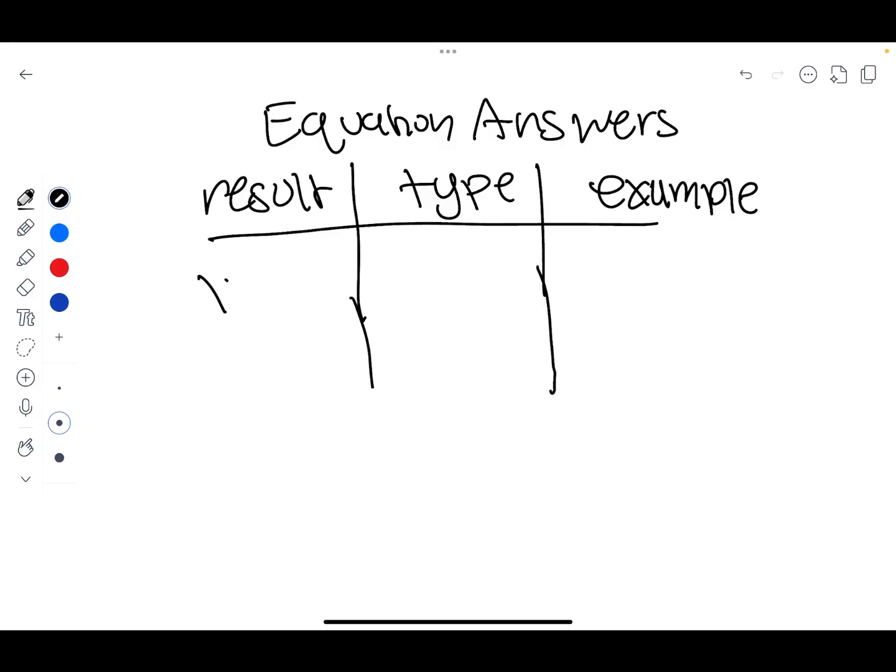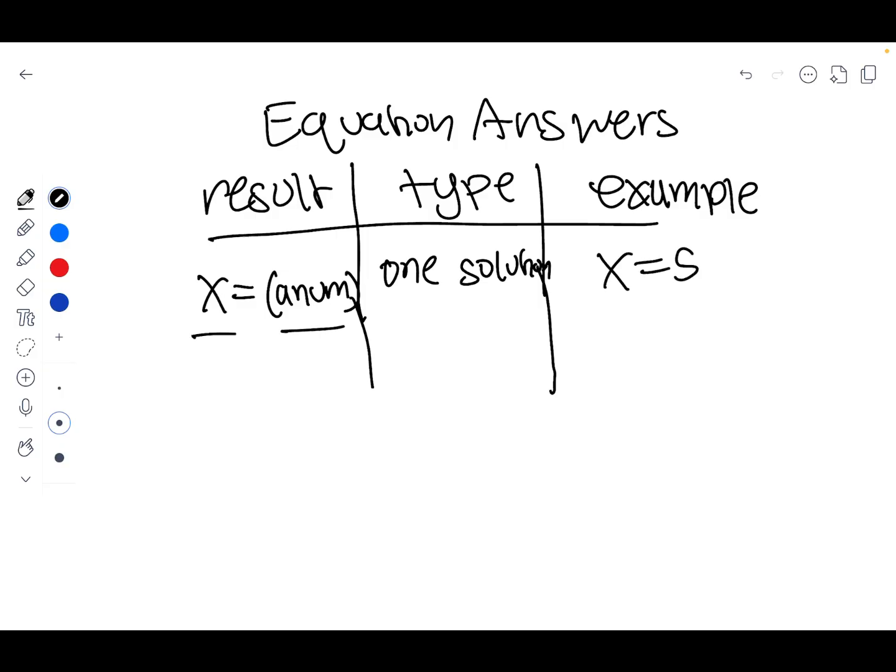Let's say you had x equals a number, like x equals 5 or x equals 4. This would be one solution. Next, we have a false statement.